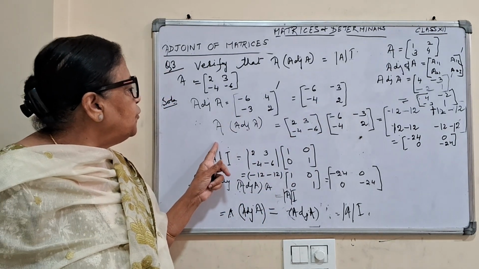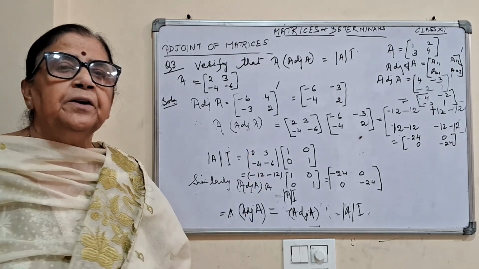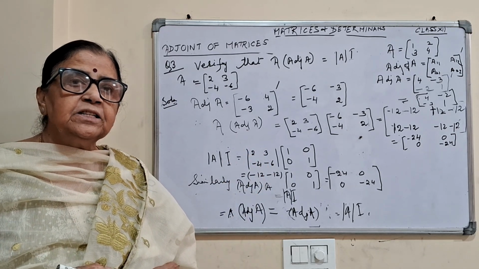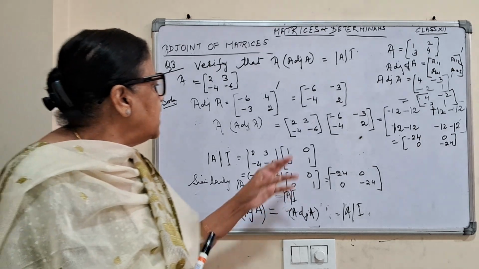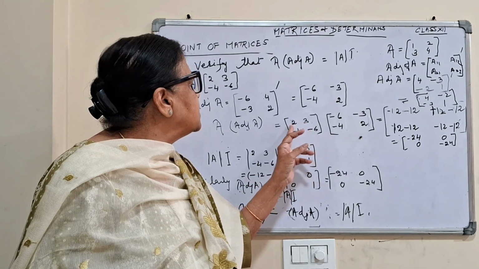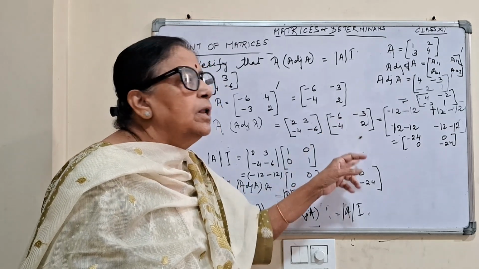So adjoint of A, A into adjoint of A, that means matrix multiplication. This I have multiplied, that is rows into columns and rows into columns.